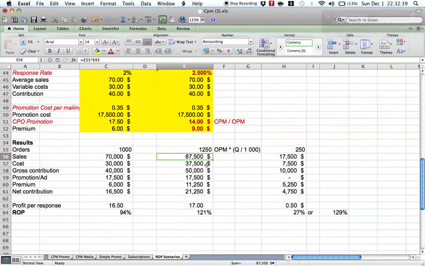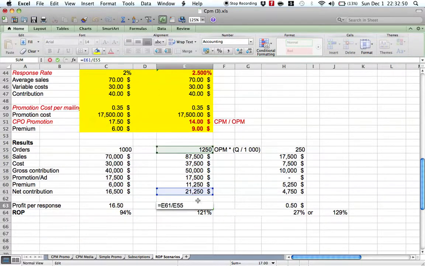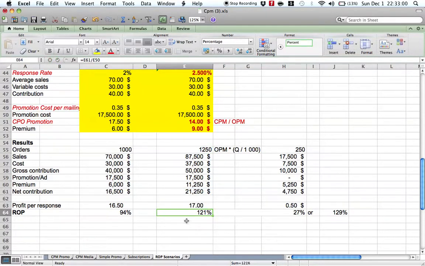And so as we go down, this is all the same thing. As we go down, the profit, we're making 50 cents more per response. And so that's $17, or the net contribution applied over the 1,250 orders that were funneled in through that campaign, with a return on promotion of, what was it, 121%.